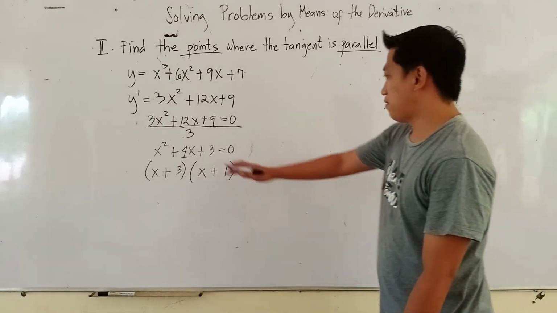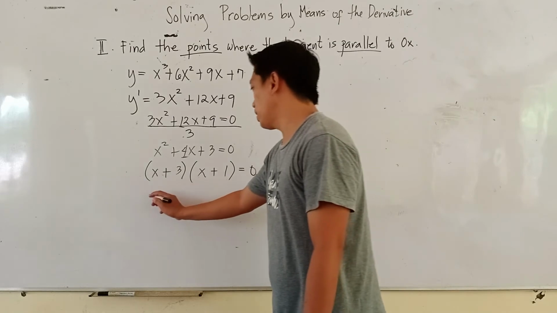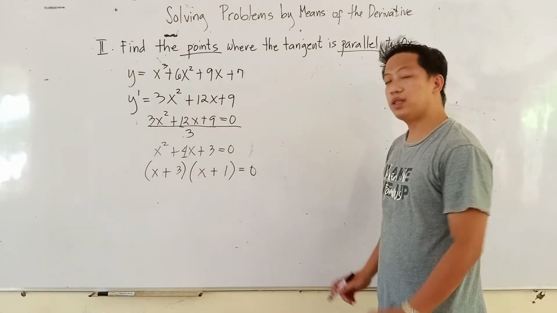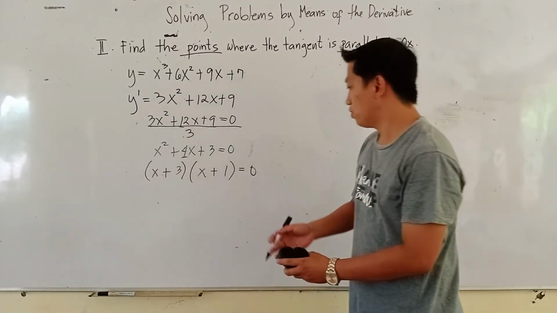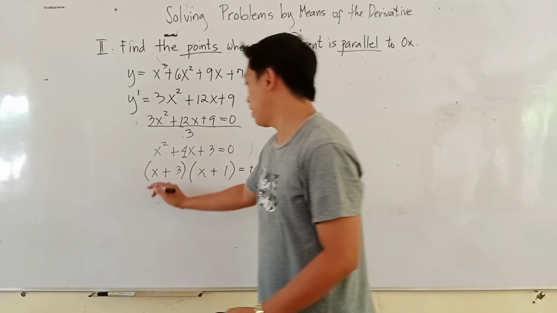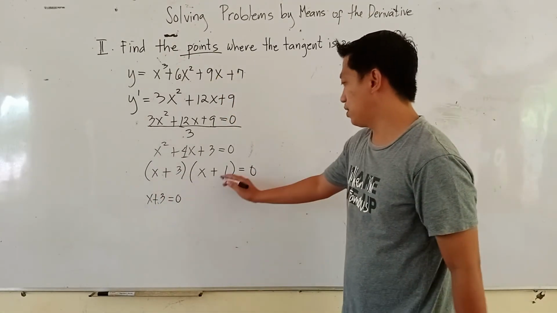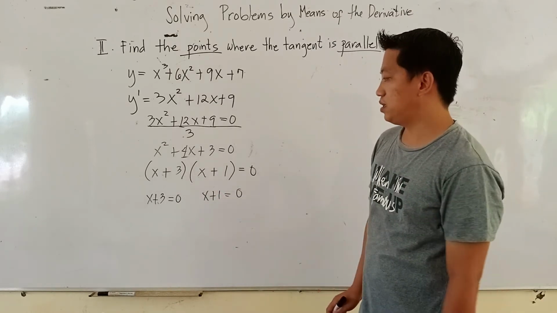Now, since we have factored the function, next we are going to apply the ZPP or the zero product property. What is zero product property? We are going to equate each factor to 0. So we have factor x plus 3, we're going to equate that to 0. Other factor is x plus 1, we're going to equate that to 0.